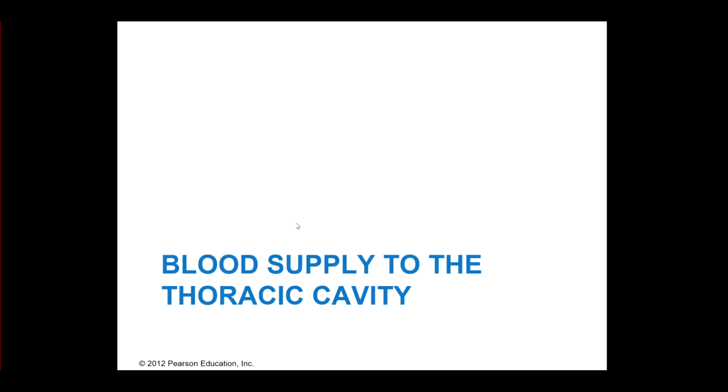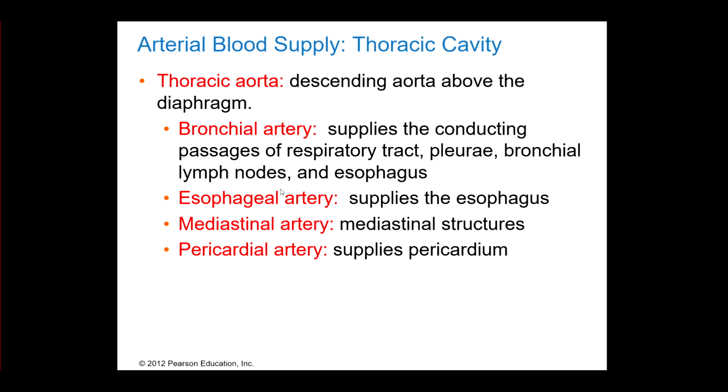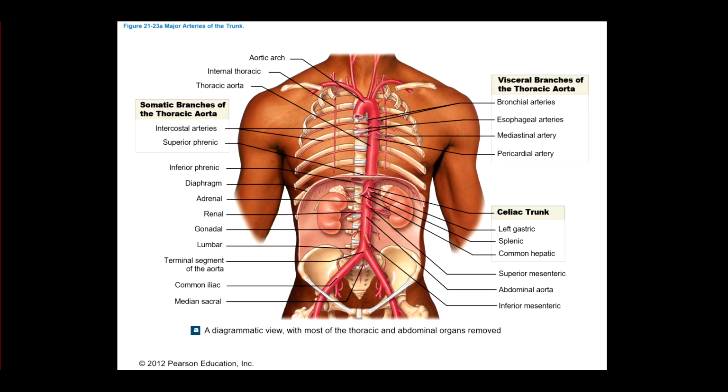Okay, so let's finish up this lesson by taking a look at the blood supply to the thoracic cavity. So the thoracic aorta is going to come from the arch of the aorta. It's part of the descending aorta. Anything above the diaphragm would be considered the thoracic aorta. So watch this. If we go to this picture here, we had looked at this in a previous lesson.